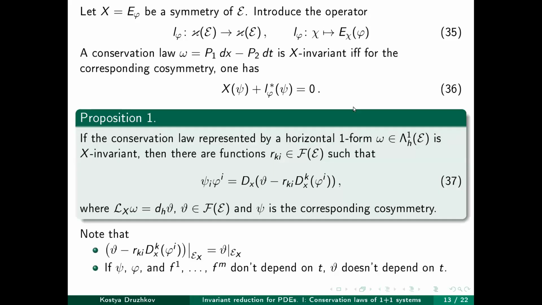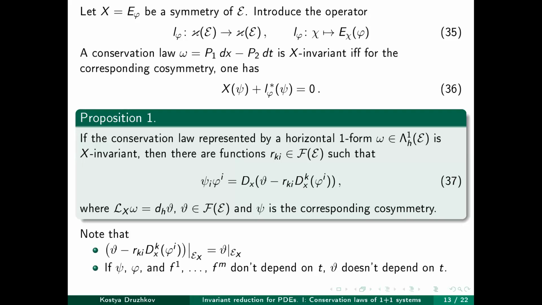Besides, we have another algorithm based on the concept of symmetry. In this case, we have proposition 1. If the conservation law represented by a horizontal one form omega is X invariant, then there are functions on epsilon r_k^i such that formula 37 holds, where theta is the corresponding potential for the derivative of omega, the desired function on epsilon, and psi is the corresponding cosymmetry.